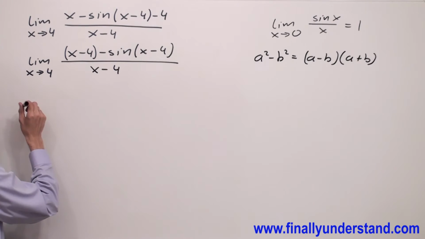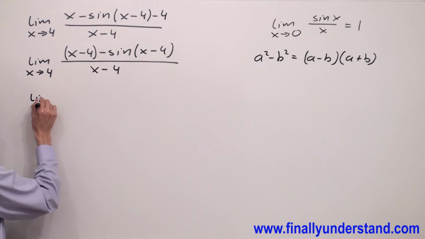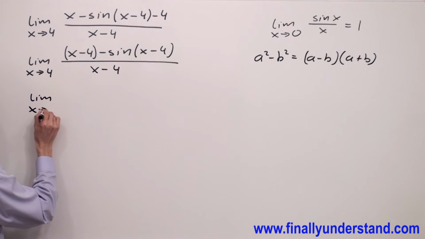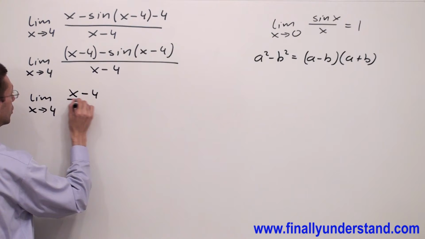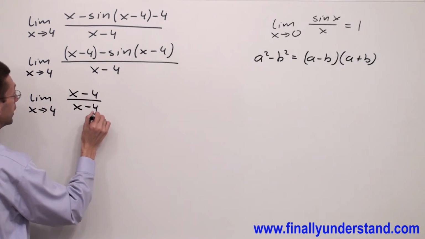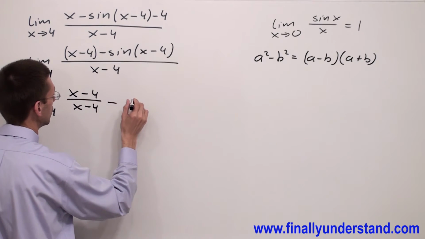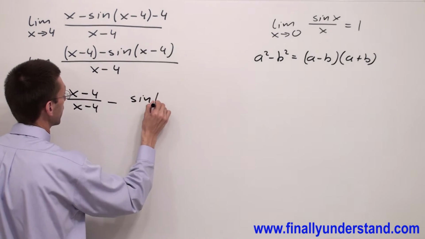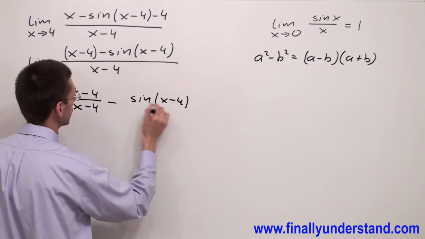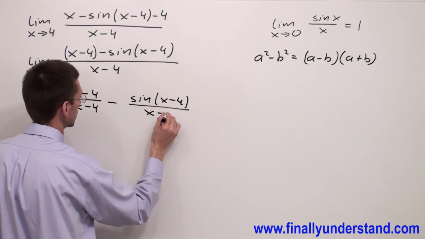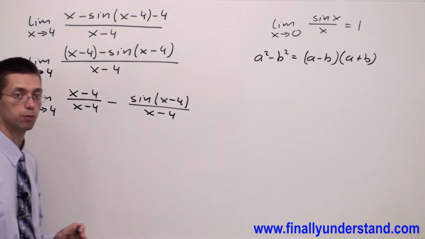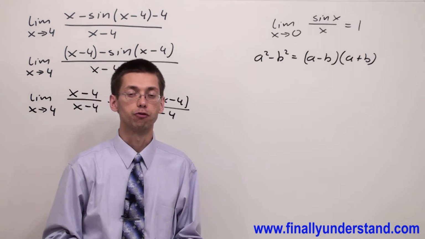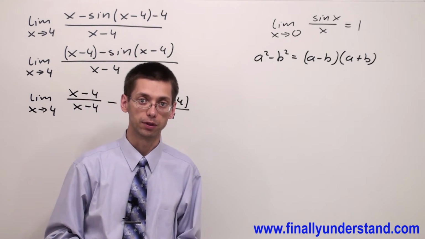I have the limit as x is approaching 4 of x minus 4 over x minus 4 minus sine of x minus 4 over x minus 4. Next, I'm supposed to apply the theorem for the difference of limits.